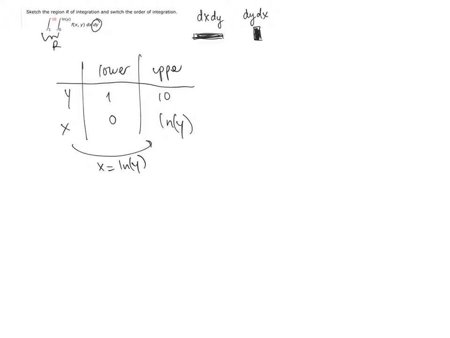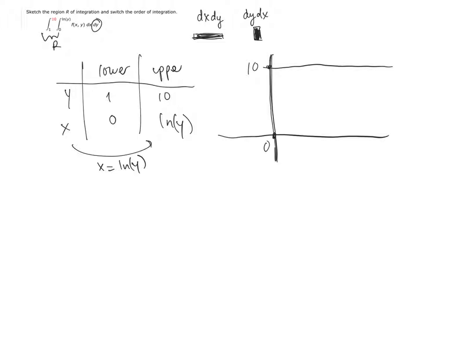Alright, so I'm going to draw the picture of the region R. For y from 0 to 10, you have 0, 10 up here, so you have a horizontal line at 10, and then you will have a lower bound and upper bound for x.